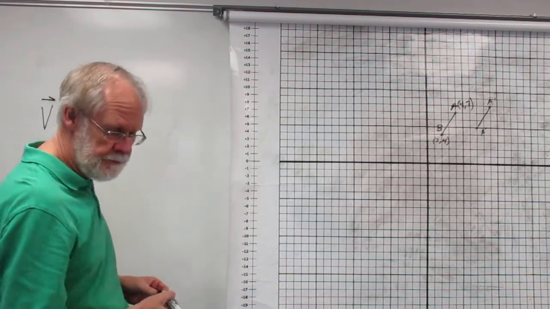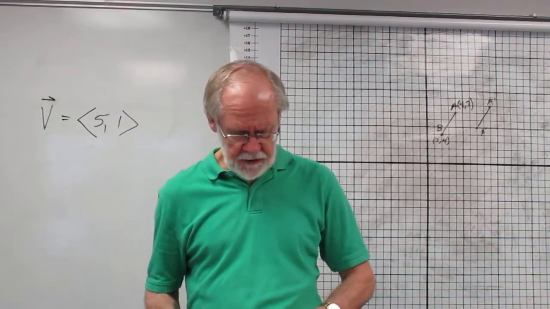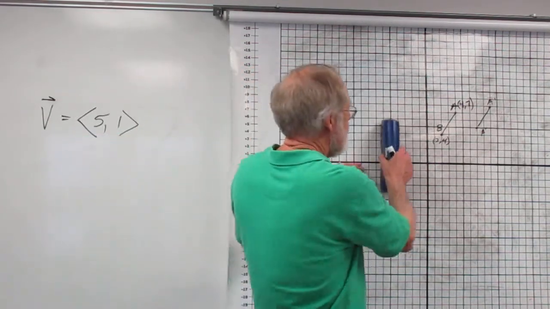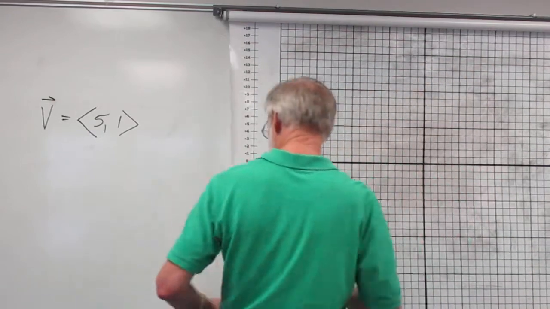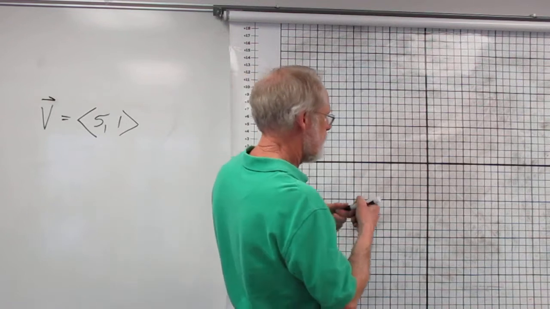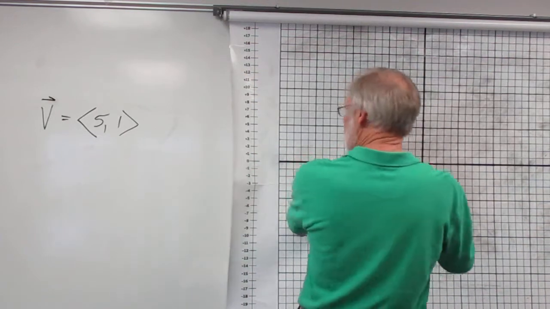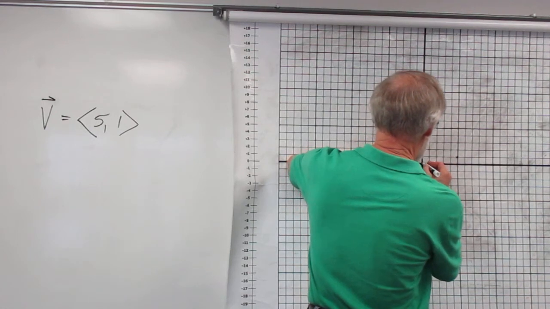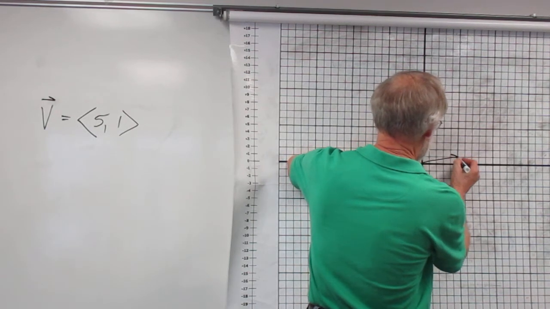And that's a representation of a vector. Now the actual vector itself, if you start at point (0, 0), the vector is out to 5 and up to 1, and that is the vector.